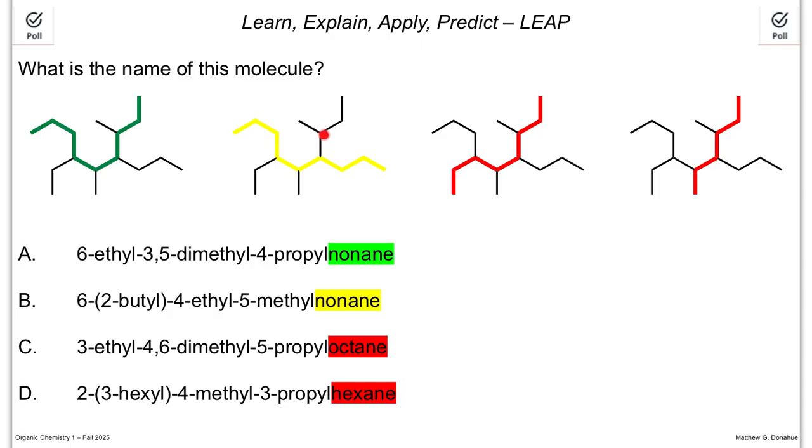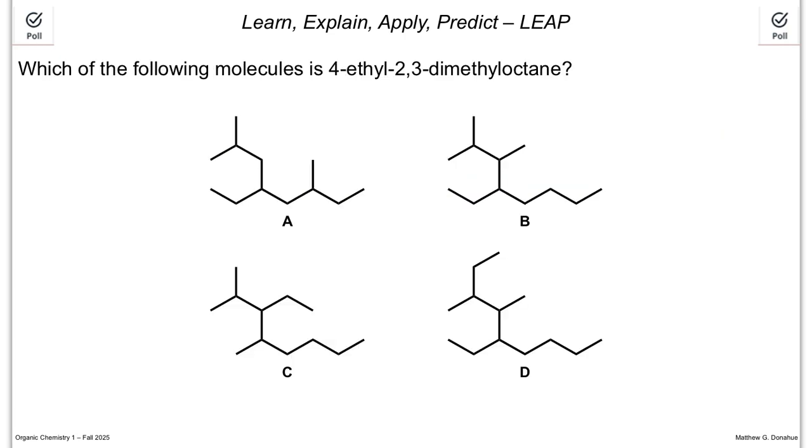So you want to minimize that when you're applying these rules. And then C and D, the path length is too short. So which one of these is 4-ethyl 2,3-dimethyl octane?